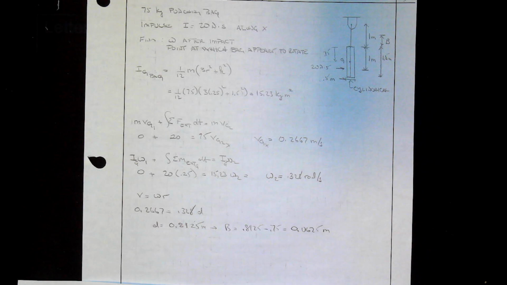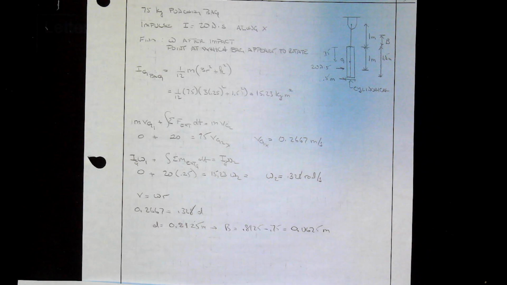All right. We have an impulse, which means we are going to use momentum. So first thing I'm going to do is apply linear momentum. Before the punch, everything's just hanging there, not moving.